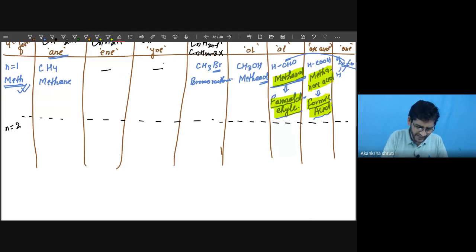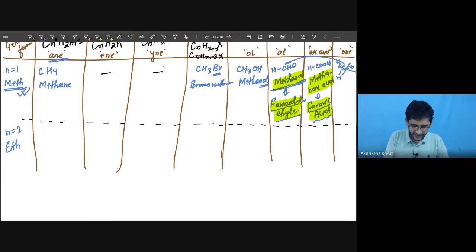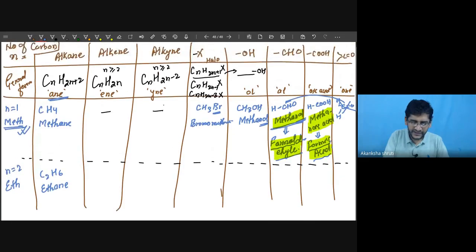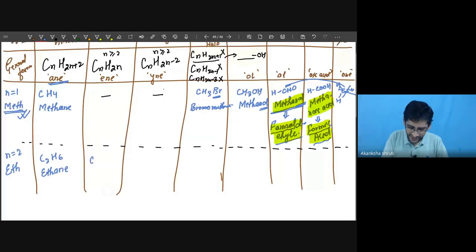A student, if n equals 2, then our count tells this is eth. Then the structure becomes C2H6. It is our ethane, ANE. If it contains one double bond, then it becomes C2H4, and it is called ethene.